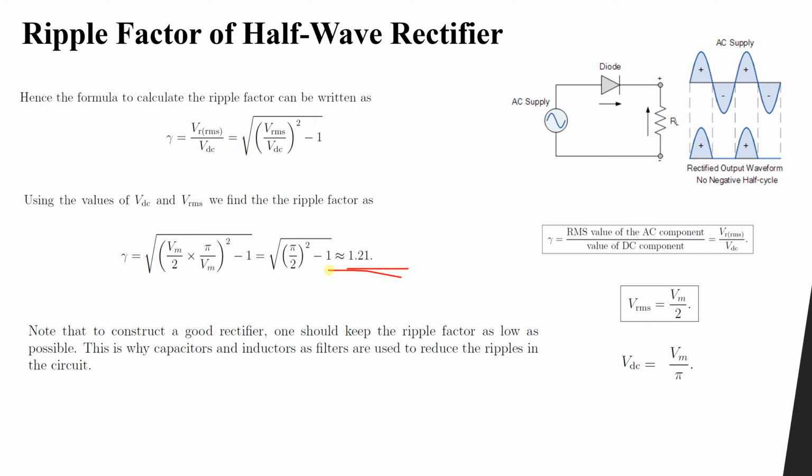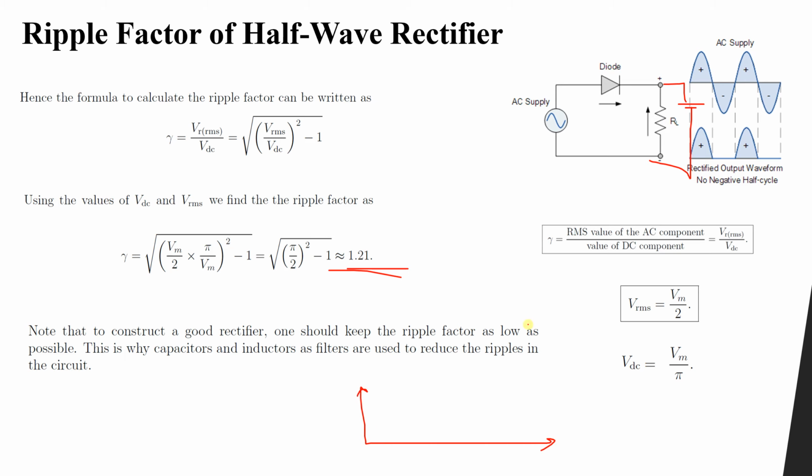In general, how can we minimize ripples inside rectifiers using capacitors and inductors as a filter? To be more specific, capacitors will be connected in parallel with the load, and you will find that the waveform becomes like this.